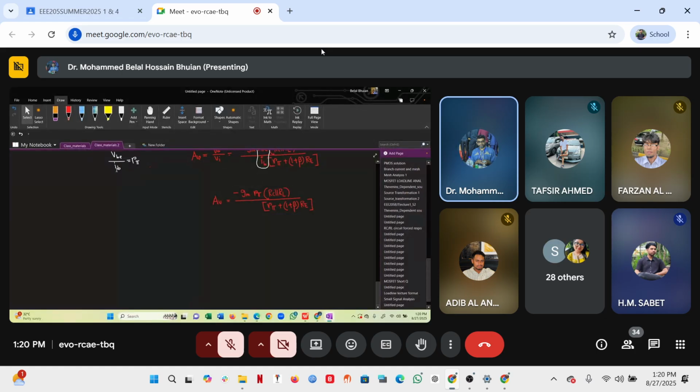Okay, so next we're going to find out how to do small signal analysis of MOSFET. So let's determine small signal analysis of the MOSFET amplifier.